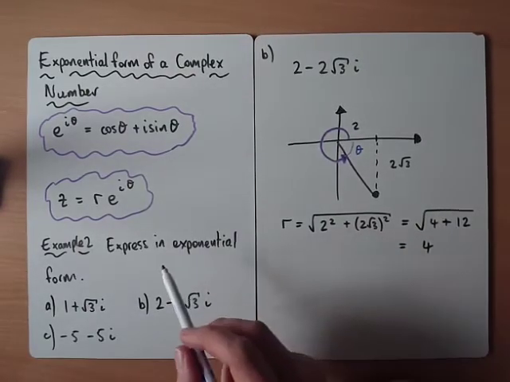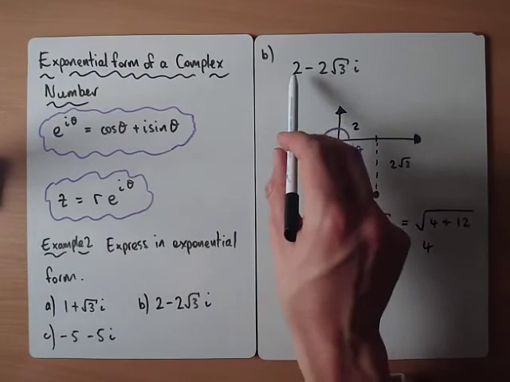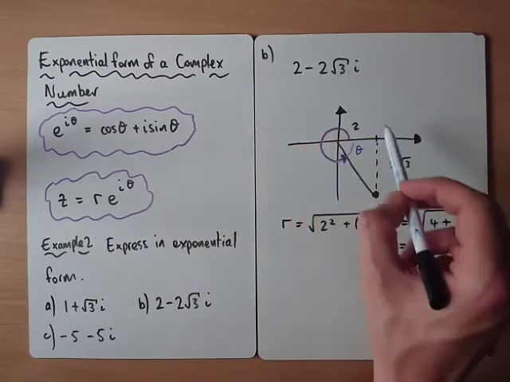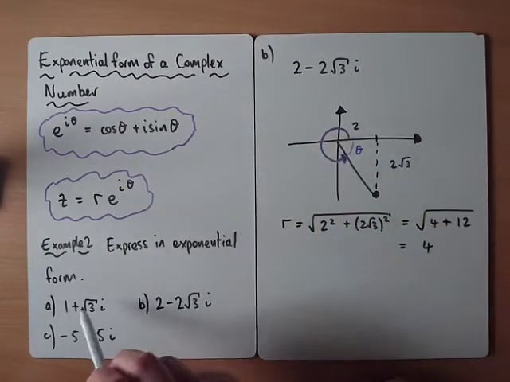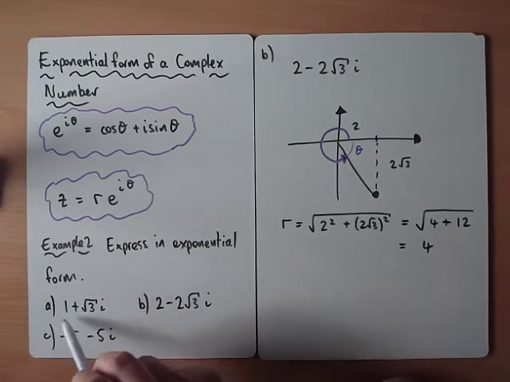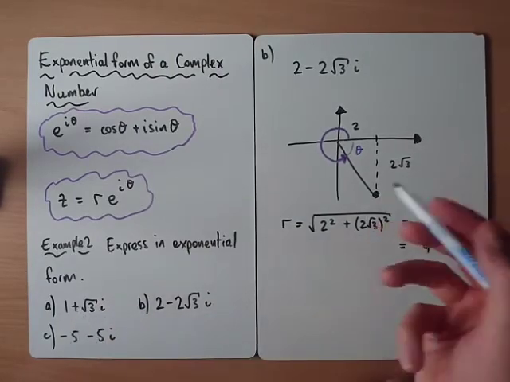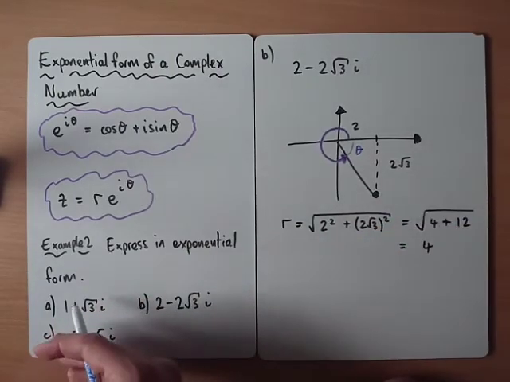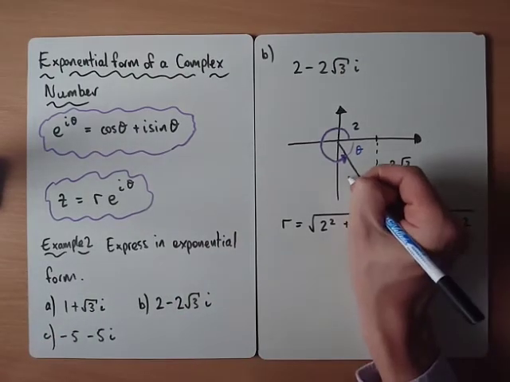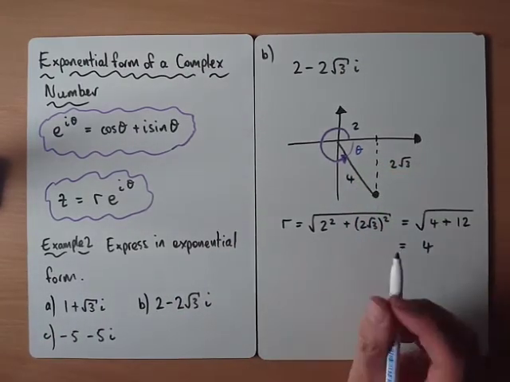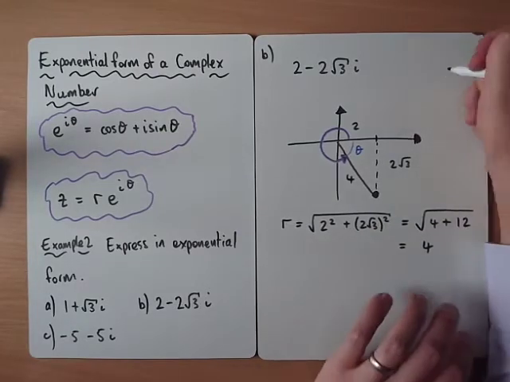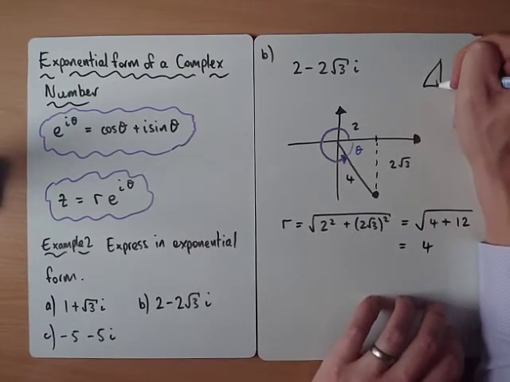Again, with practice, you may notice that this triangle here, 2 and 2 root 3, we're just thinking about the distances, it's just a scaled up version of 1 and root 3. So if the original had the magnitude of 2, obviously this one's going to have the magnitude of 4. Also, it's a similar triangle to the one we were working with before.